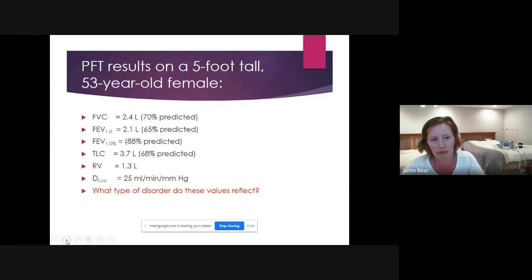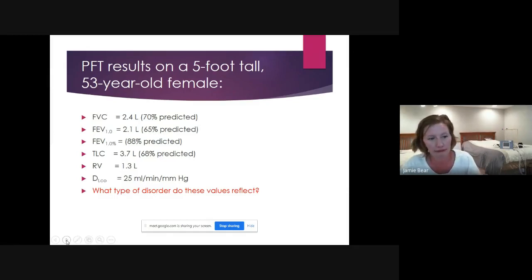Obstruction or restriction? Restriction, good. That's because we have low FVC and FEV1, but our ratio is normal, greater than 70%, and our lung volume is decreased.